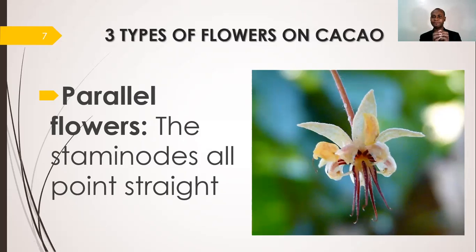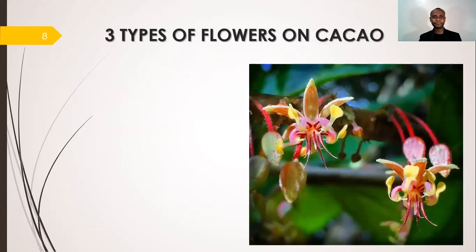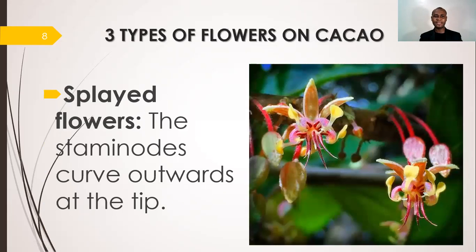Okay, fertilization is not as difficult compared to the convergent. And then the third type is called the splayed flowers, or we can also call it the divergent flowers.